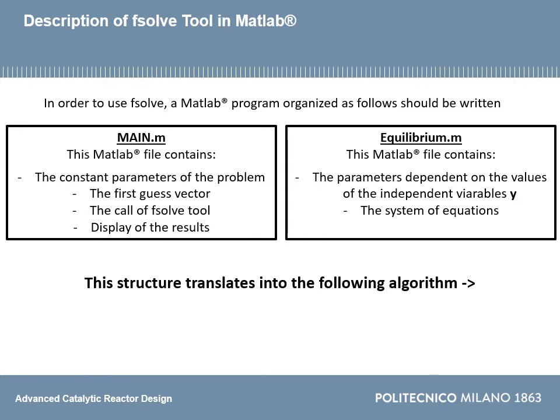Moreover, it must contain all the parameters dependent on the variable vector y. Indeed, fsolve changes the value of y at each iteration of the numerical procedure. Thus, fsolve must also be able to recompute the non-constant parameters at each iteration, by means of the function script equilibrium.m.